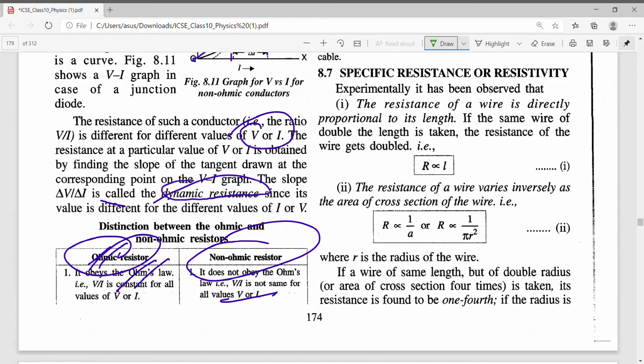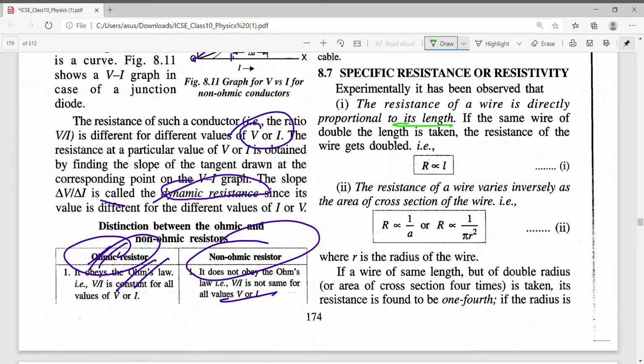So the resistance of a wire is directly proportional to its length. We've learned it. So if the same wire of double length is taken, the resistance of the wire gets doubled. Correct. The resistance of a wire varies inversely as the area of cross section of the wire, that is, R is proportional to 1 upon A, right? Where r is the radius of the wire.